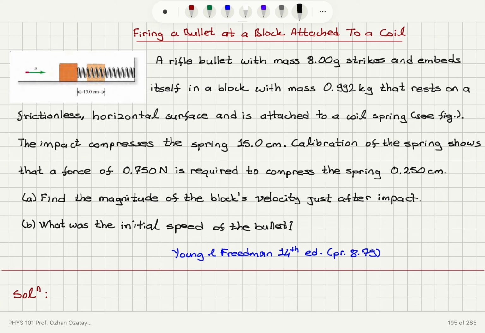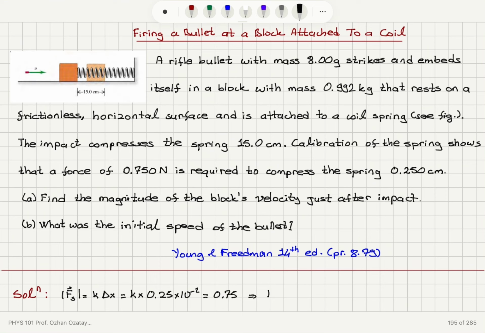Now, from the calibration of the spring, we can see that the spring force magnitude, which is equal to K, the spring constant, times the change in its length, will be K times 0.25 centimeters, 0.25 times 10 to the minus 2 meters, which gives us 0.75 newtons.